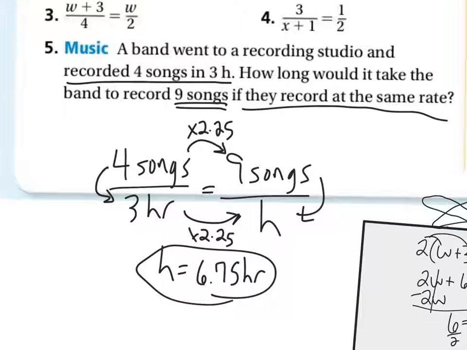I mean, I can divide 9 by 1.3 repeating, and I'll get about the same answer if I put enough 3's on my screen, but the other one was a nicer pattern. Or you can just cross multiply. Cross multiply, you got 4h equals 27, divide by 4, and you'll get that answer. So this gives you an idea of how to solve proportions.